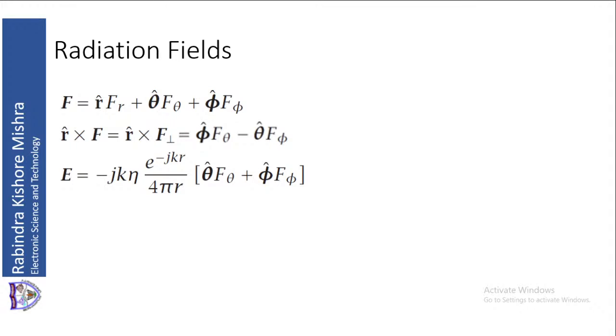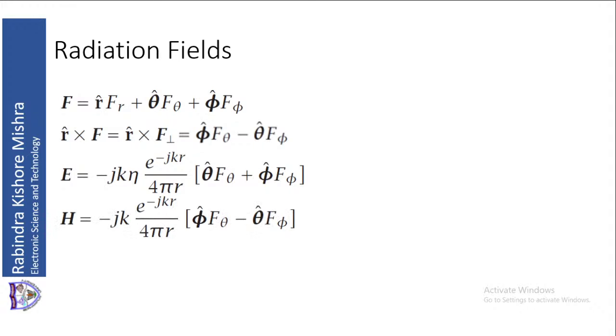If you use r cap cross F, then E will be equal to minus jk eta into exponential minus jk r divided by 4 pi r. This part remains as it is. We are not changing anything in this. Then the term r cap cross F cross r cap gives us theta cap F theta plus phi cap F phi.